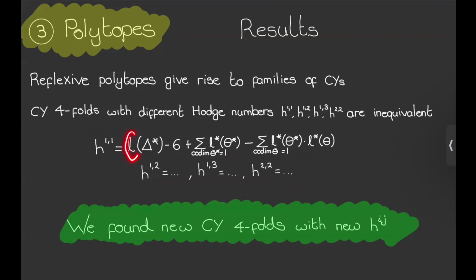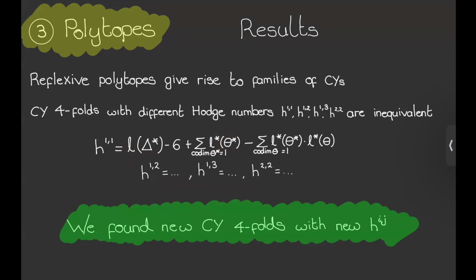So L is the number of points, L star is the number of interior points, and you're taking some combination of the number of points or interior points of the polytope, its dual, and faces of the polytope and the dual polytope.